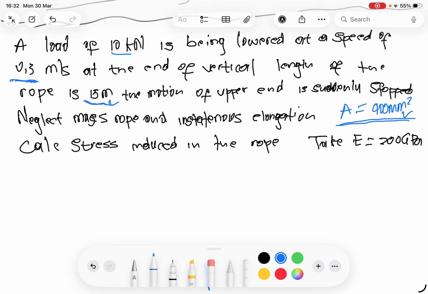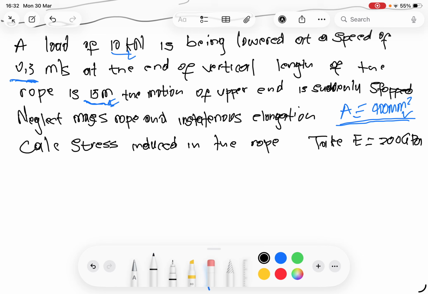We are given the area and the length of the rope, so we know it's the rope that is going to experience strain energy due to the 10 kilonewtons.